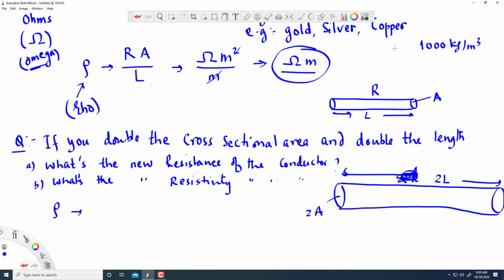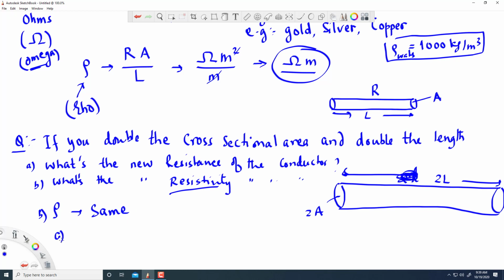No matter how little or big an amount of water you have, this density is always the same. The density doesn't depend on how much water you have. Same thing with the resistivity. It's an intrinsic property, so there is no change by changing the size or shape. That's B.